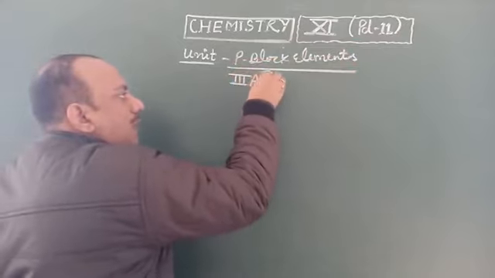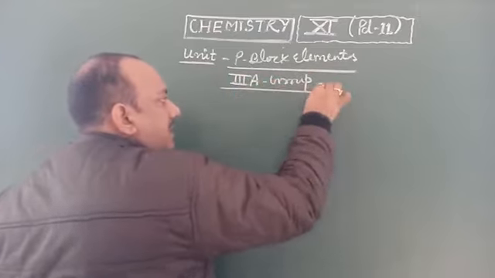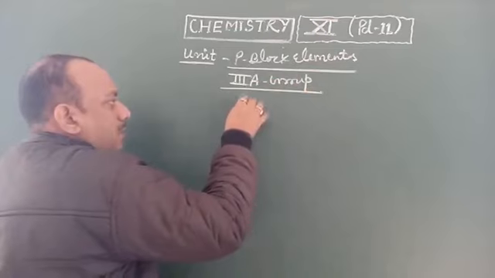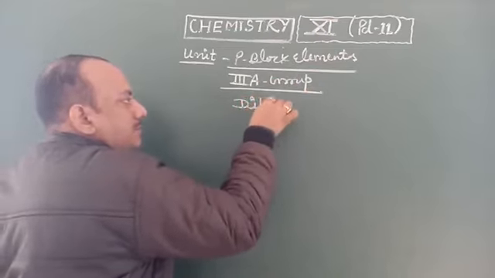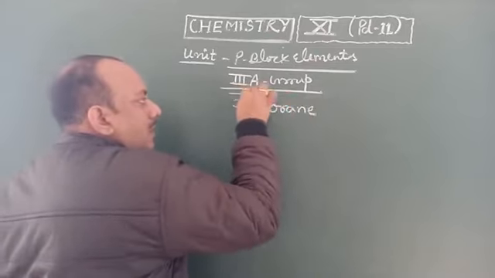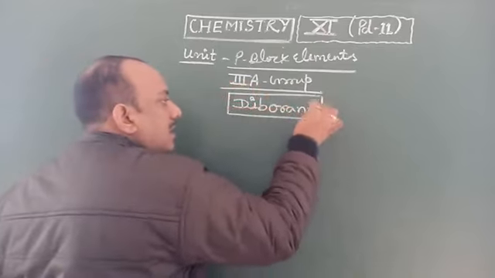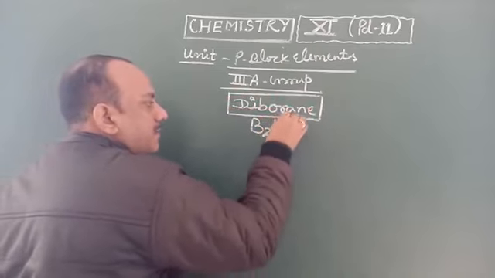Boron is a group 3 element. We also studied their compounds, but here is a most important compound named diborane. The molecular formula of diborane is B2H6.